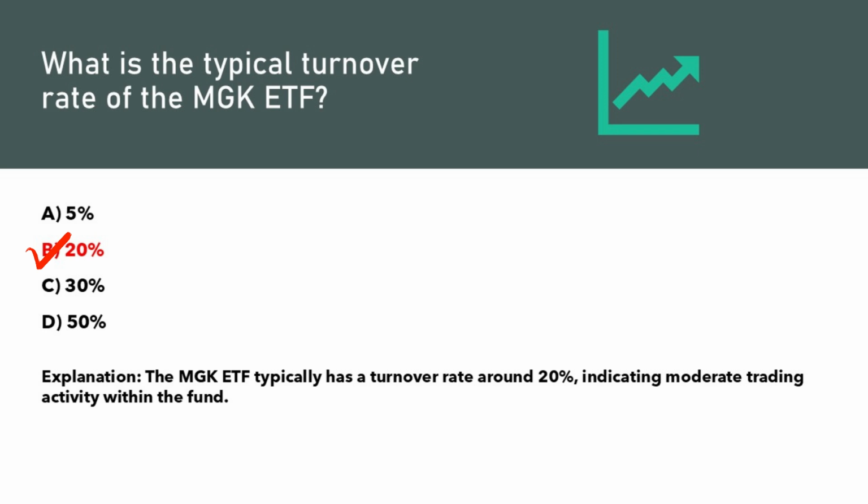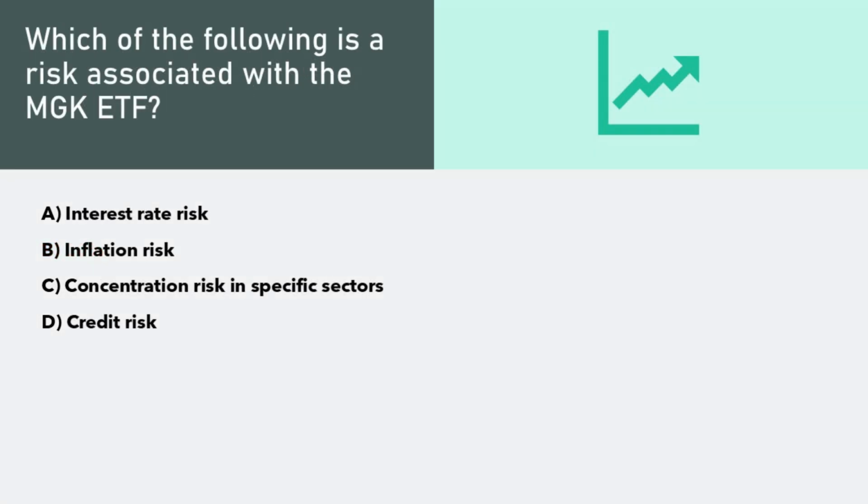Answer: B. 20%. Explanation: the MGK ETF typically has a turnover rate around 20%, indicating moderate trading activity within the fund. Which of the following is a risk associated with the MGK ETF?